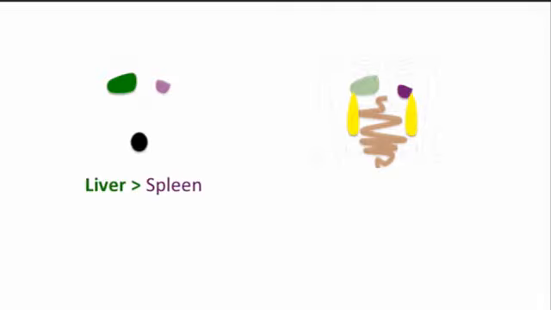The liver actually doesn't have somatostatin receptors. The uptake there is like a non-receptor mediated thing. Don't worry about that. The thing to know is that the liver uptake is less than the spleen, which is the opposite of a MIBG scan.